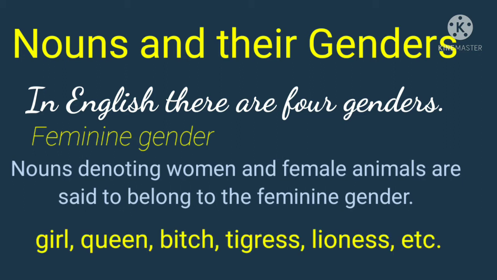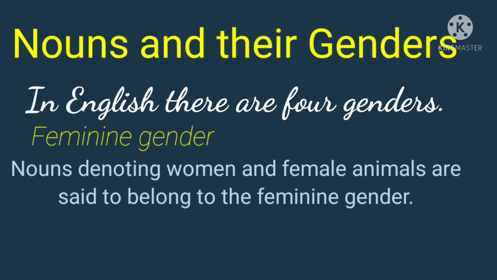Examples: girl, queen, bitch, tigress, lioness, etc. The pronoun she and the possessive her are used to refer to them if they are singular. If they are plural, we can use words like they, them, and their.